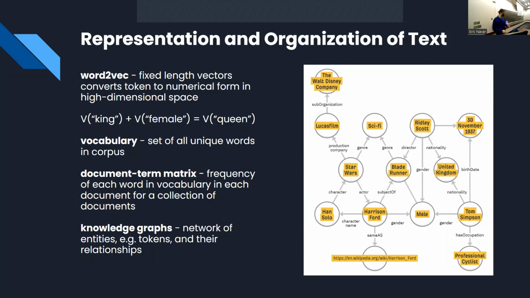The column space has the same size or dimension as the vocabulary, so each column is aligned with a specific vocabulary word from the corpus you're working with. And the entry at the ith row and jth column would simply be the frequency, or the number of times of occurrence, of the jth word within the ith document.